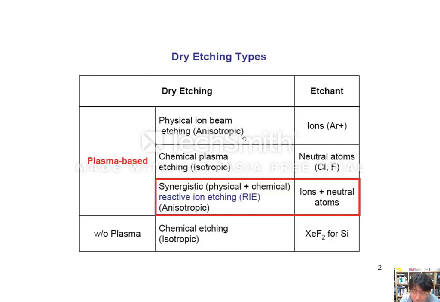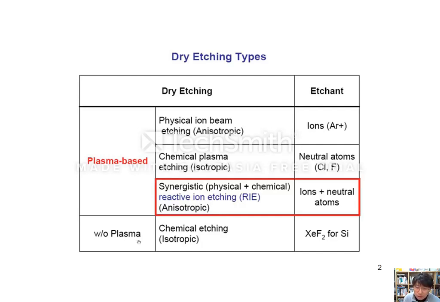Because of the ions' directionality, it causes anisotropic etching in a vertical direction. For chemical plasma etching, you can get isotropic characteristics. For the synergetic method, for example RIE, reactive ion etching, you have a combination, but because the physical way is more dominant, you get anisotropic etching characteristics.